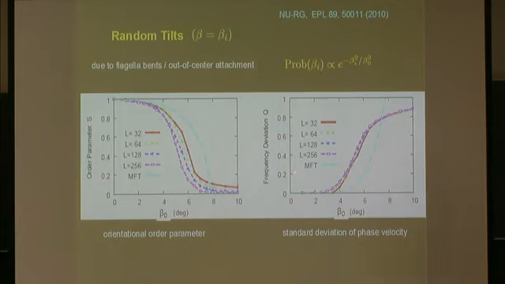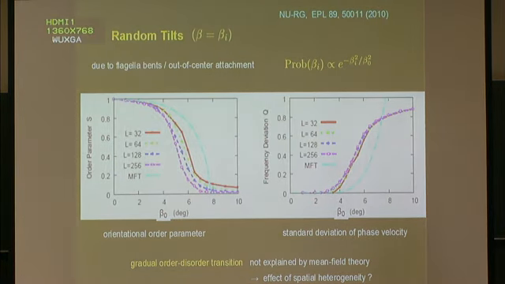It's 0 when there's no randomness. The system is completely synchronized. And it starts to grow as a function of beta naught, but also gradually. So we can say that this gradual order-disorder transition is not explained by the mean field theory.